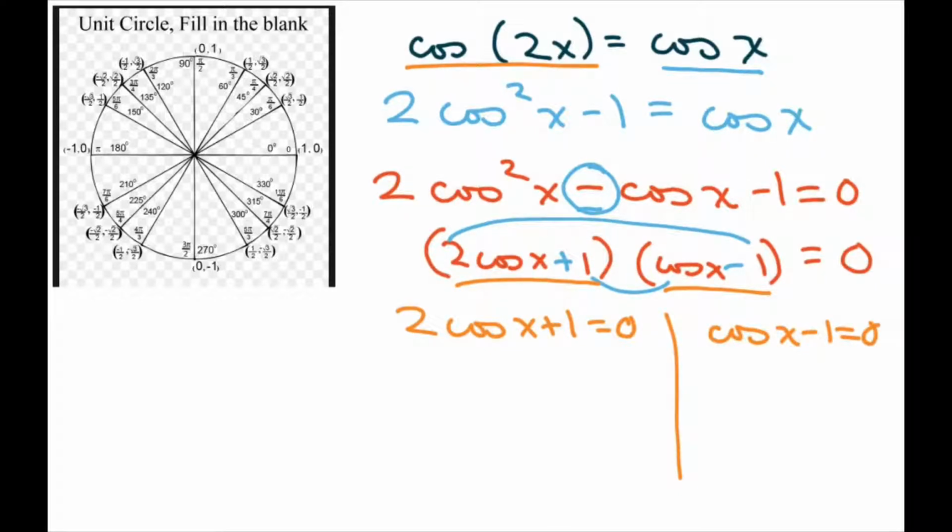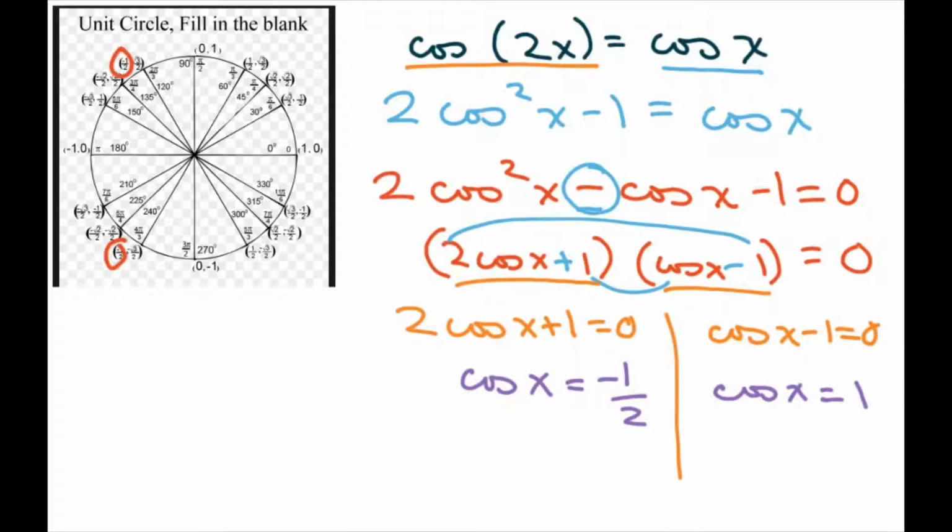For this one we get cosine x equals, subtract the 1, divide by 2. And for this one, we just add the 1 to both sides. So where does cosine equal negative 1/2? That's where your x is negative 1/2, and cosine's negative in quadrants 2 and 3.